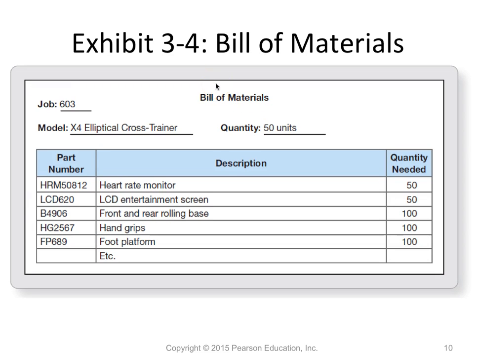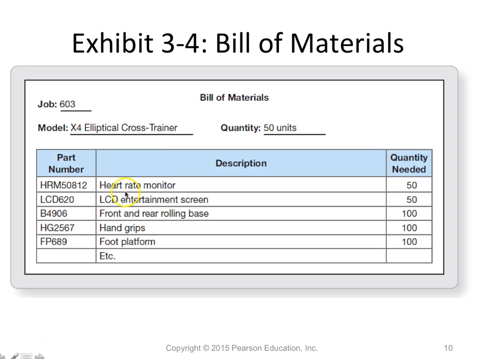So let's take a look at the bill of materials. This is one of the documents companies use for manufacturing. Job 603 is to make 50 units of the X4 cross trainer, and here we need all these materials, parts 1, 2, 3, 4, 5.